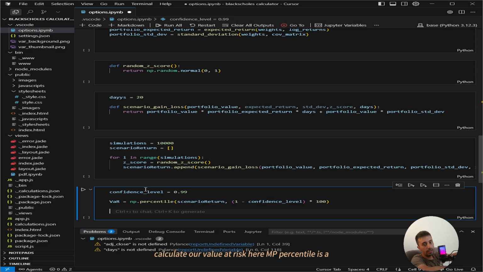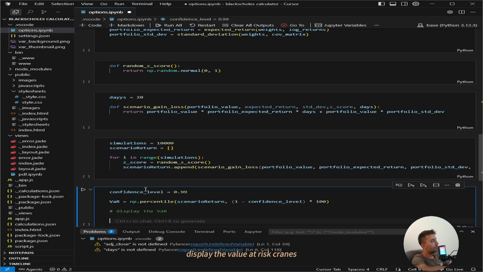NumPy percentile is a numpy function. Scenario return is a simulation, and 1 minus confidence level means significance level. This is 1%, and then times 100 is scaling our data here, again scaling our data, and then display the value at risk.